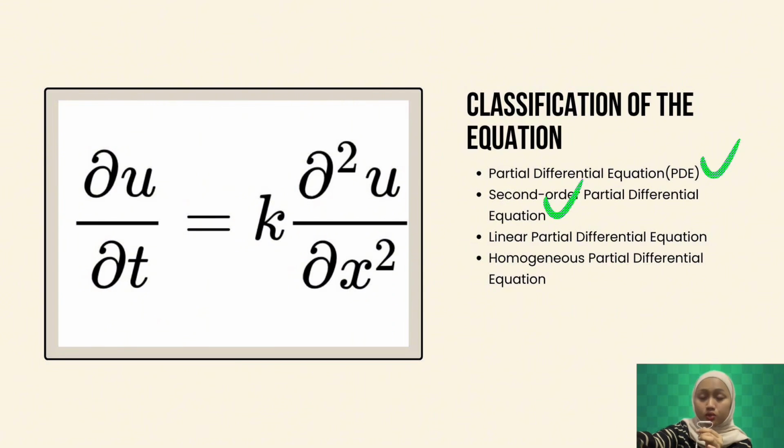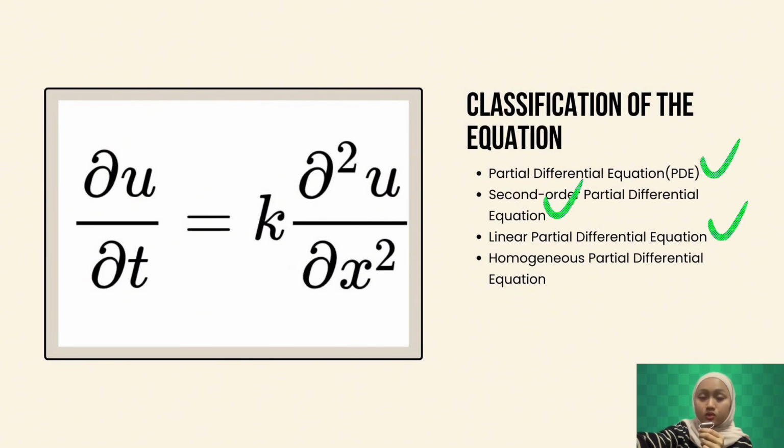And for the third one, it is a linear partial differential equation, since it does not contain any nonlinear terms or products of u and its derivatives, such as u square or sine u.